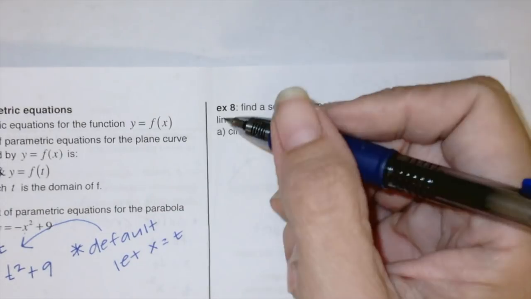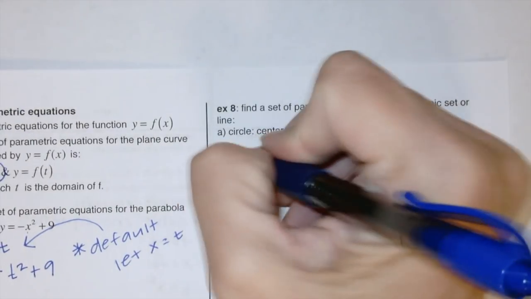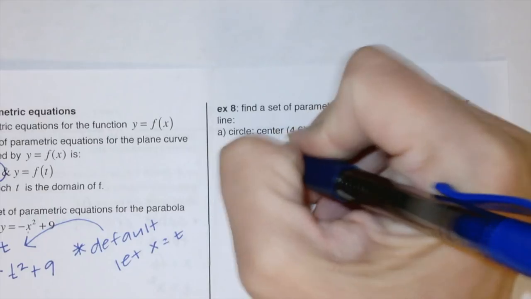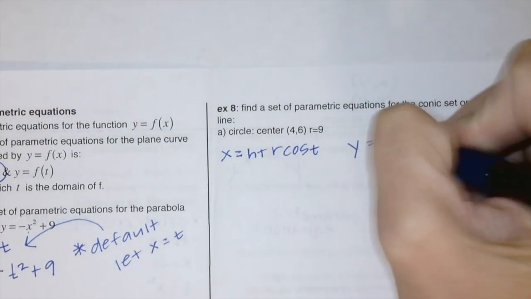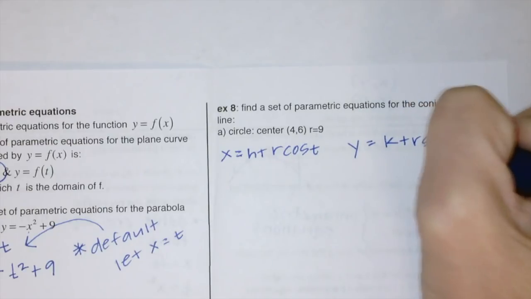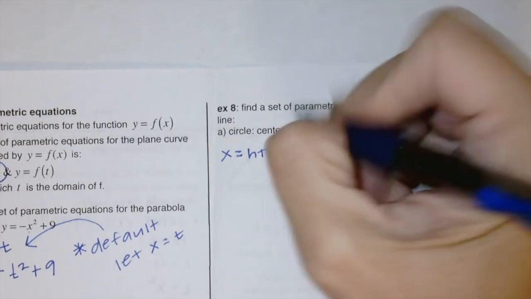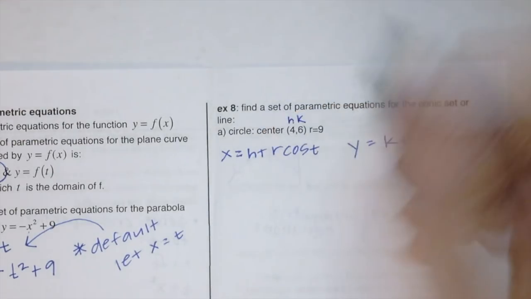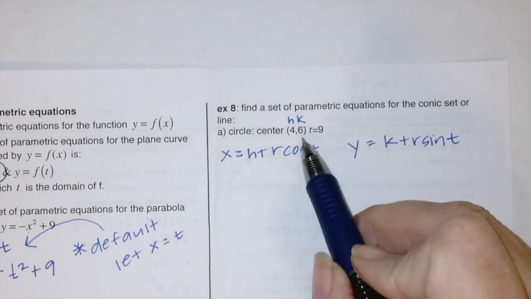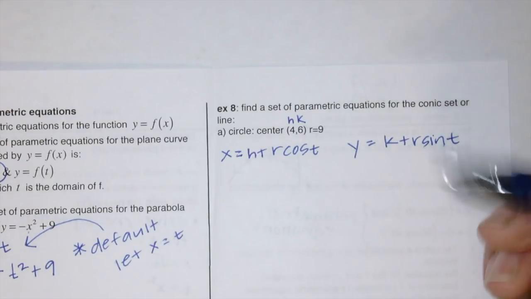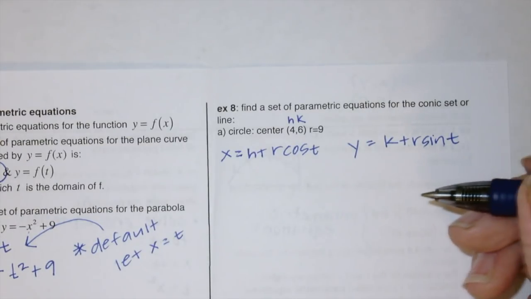Parametric equations for a circle are x equals h plus r cosine t and y equals k plus r sine t. Remember, with a circle standard form, h is the x-coordinate of your center and k is the y-coordinate. At this point, it's just plug and chug.